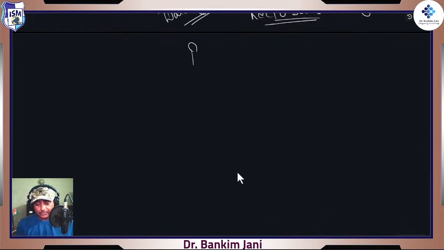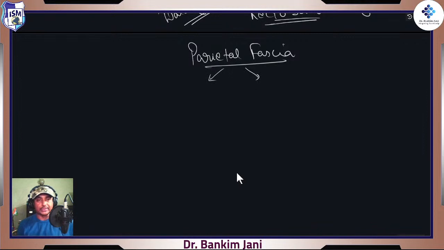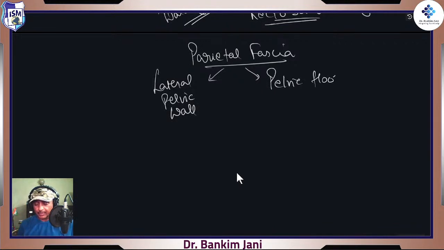So in case of the parietal fascia, now we focus on our parietal fascia. We again divide it into two parts. As we said, it would be associated with the lateral pelvic wall and the pelvic floor, the pelvic fascia of the pelvic floor. So the lateral pelvic wall, we said this is thick, membranous, dense.